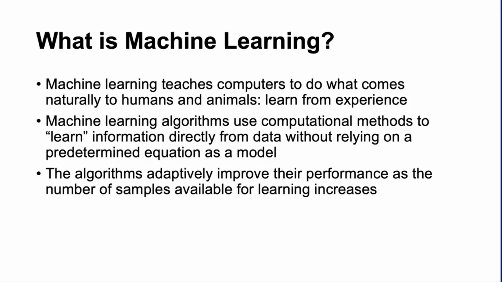Now, the algorithms adaptedly improve their performance as the number of samples available for learning increases. Again, aside from the quality of your data, we are also looking at the quantity of your data.